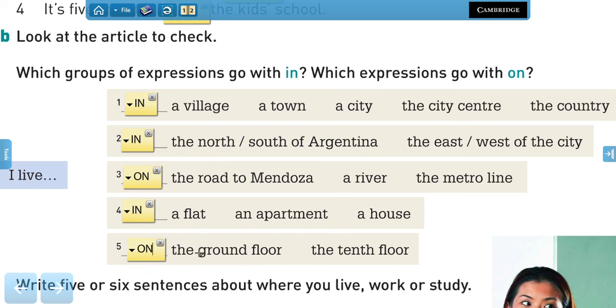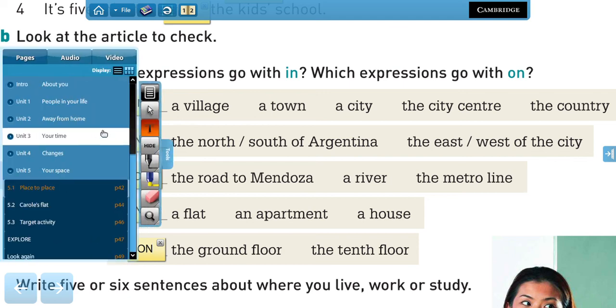The ground floor is what we in Chile will call the first floor, right? Piso uno or el piso suelo, right? It has different names depending on the country, right? So we will call in Chile the first floor, but in other countries that would be the ground floor or the floor 0, right?